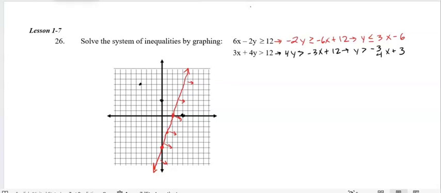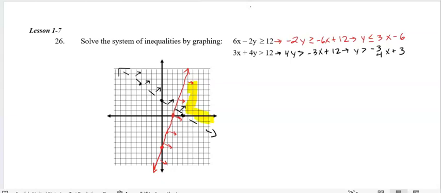And this line is going to be dotted because it doesn't say or equal to. And it's greater than, so that means I'm going to shade the upper side, or greater than means above the line. So you can tell where I'm going to shade overall. My final solution will be where the red and the black actually combine, where they collide.